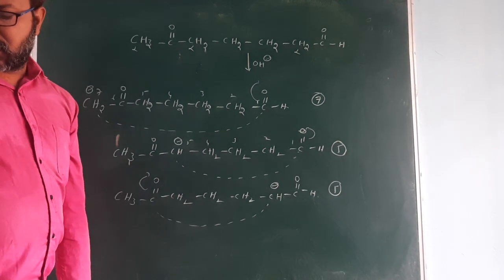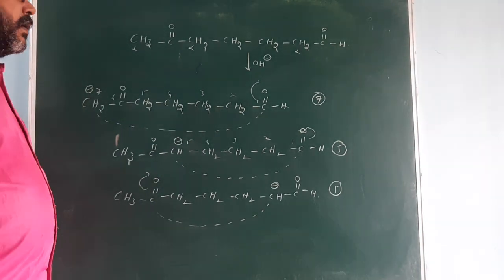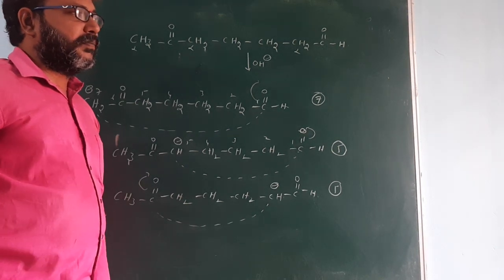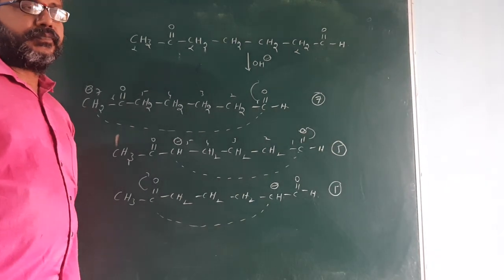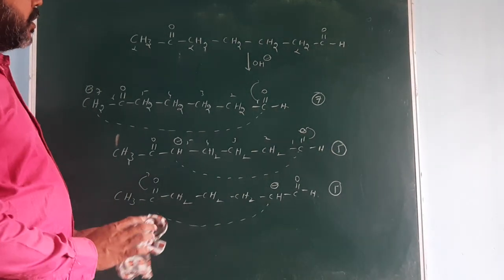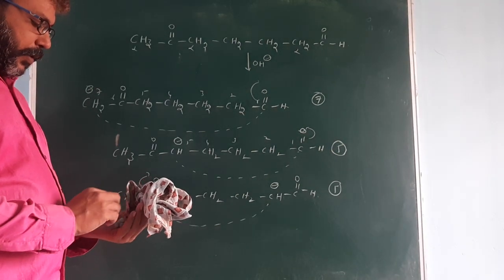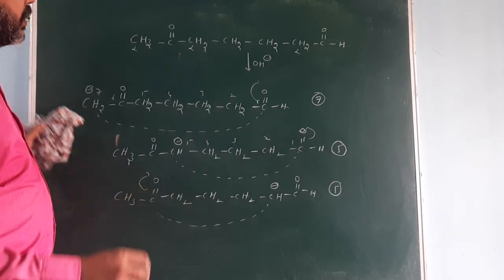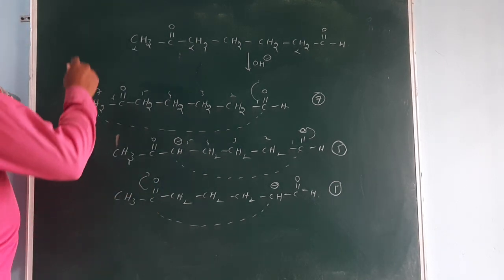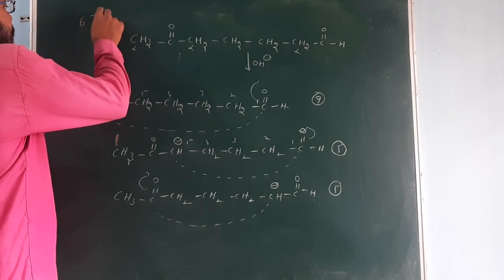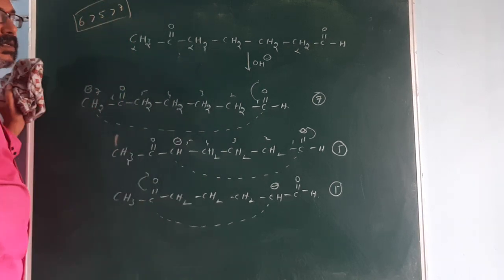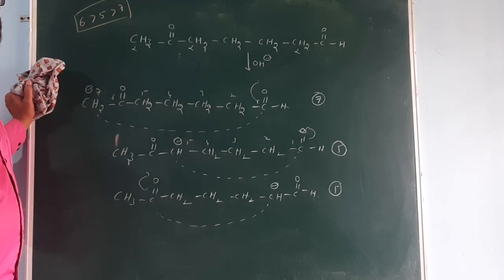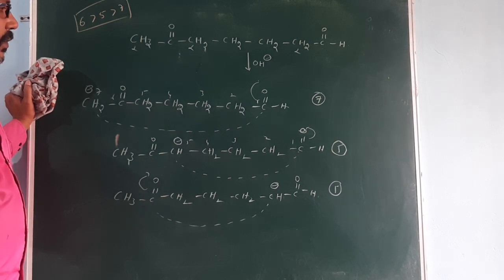In aldol condensation, the ring system plays a very important role. The product stability depends upon the ring size. The order of stability is 6-membered greater than 5-membered greater than 7-membered.